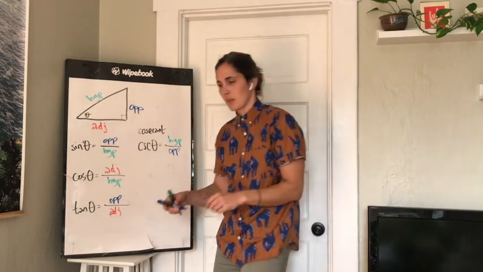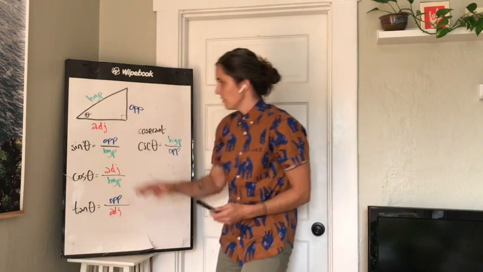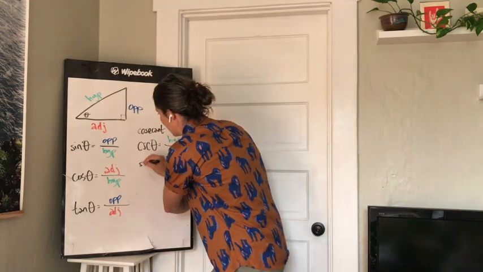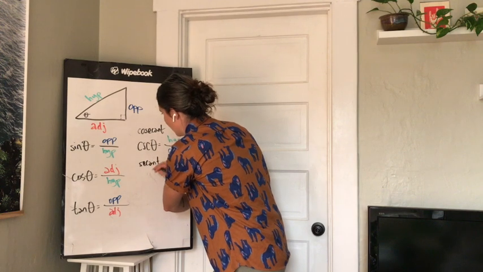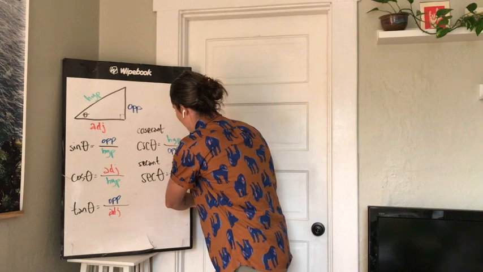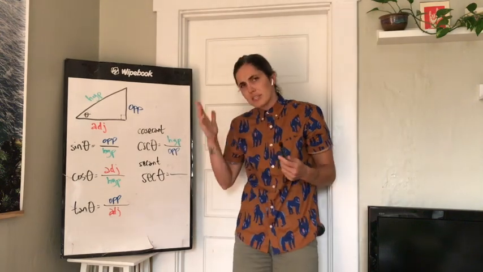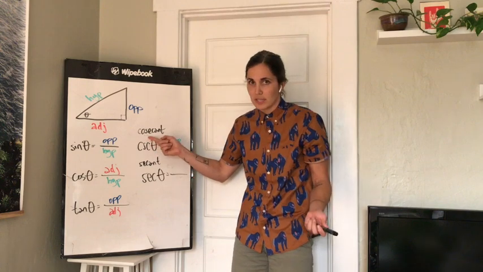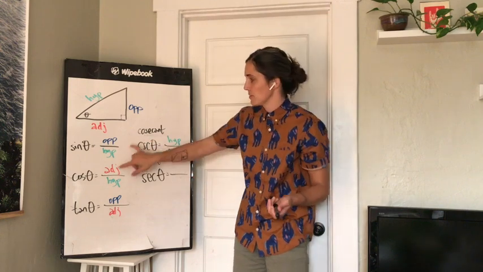Pretty straightforward. Moving along down the line, the reciprocal of cosine is called secant, and secant is abbreviated as SEC. And you might think to yourself, it doesn't make sense. Why does cosine not go with cosecant? And I would agree with you, that seems a little counterintuitive.